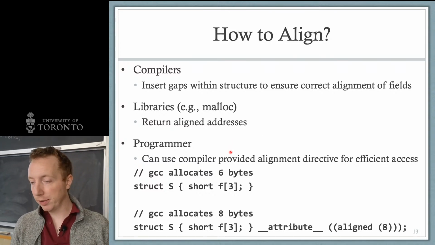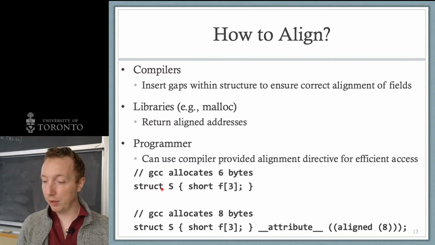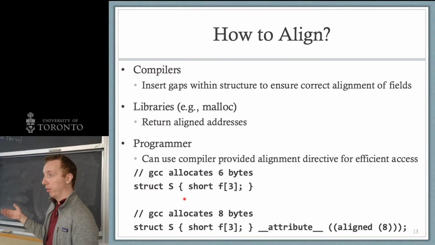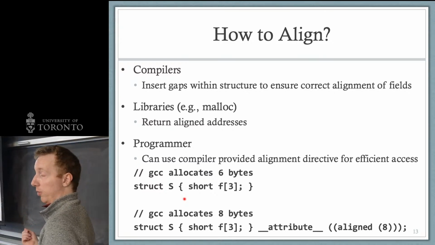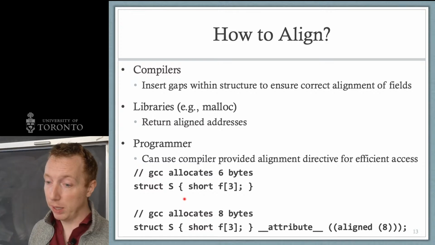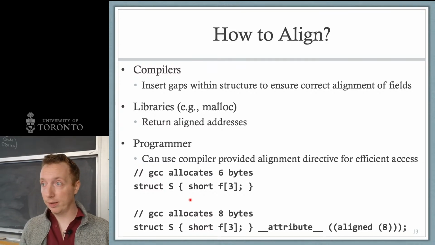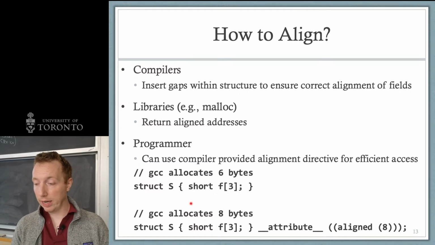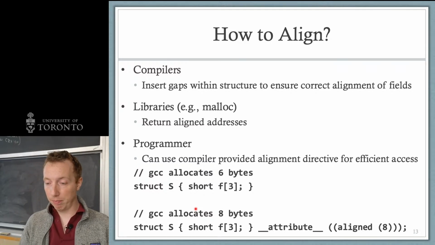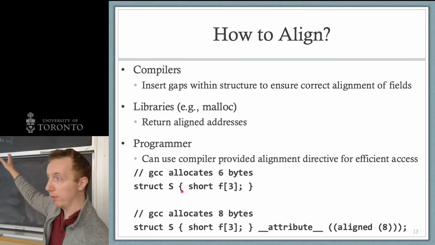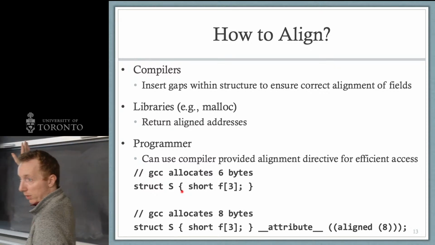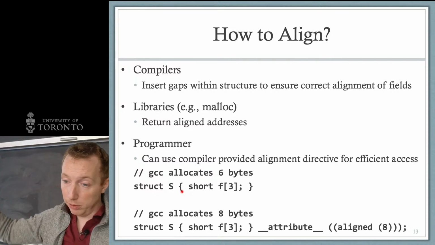One way to do that is if you have a struct that has an array of 3 shorts in it, each short is 2 bytes, so this whole struct will be 6 bytes large. The alignment of the struct could start at any 2-byte boundary, so it would only be 2-byte aligned.